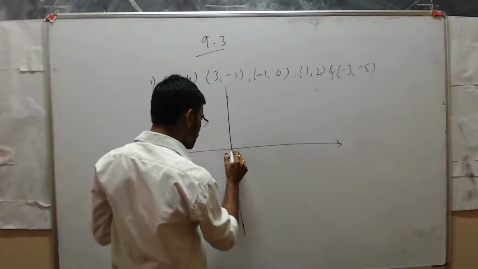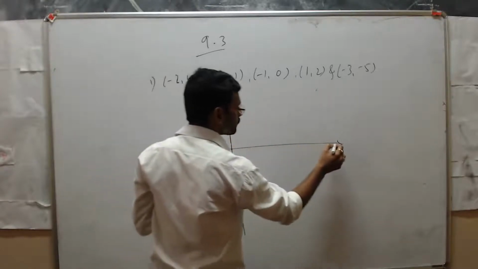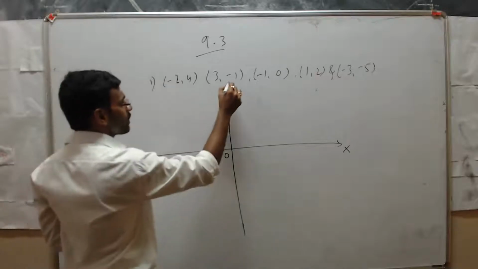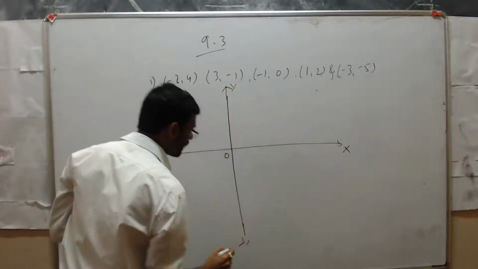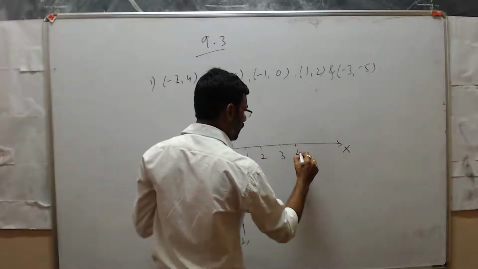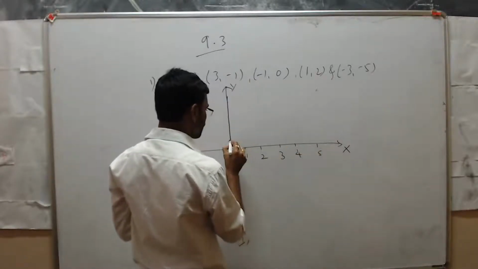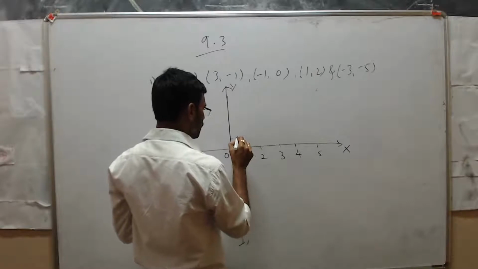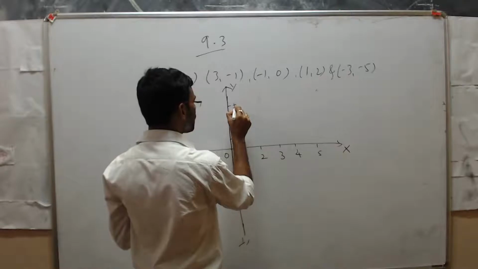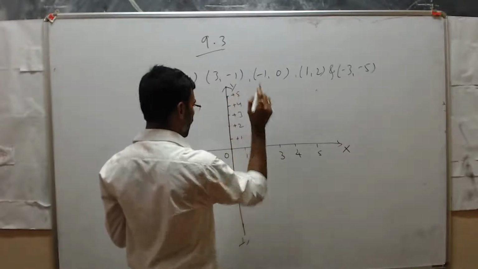Now the origin, x axis, y axis, x dash, y dash. Now 1, 2, 3, 4, 5.